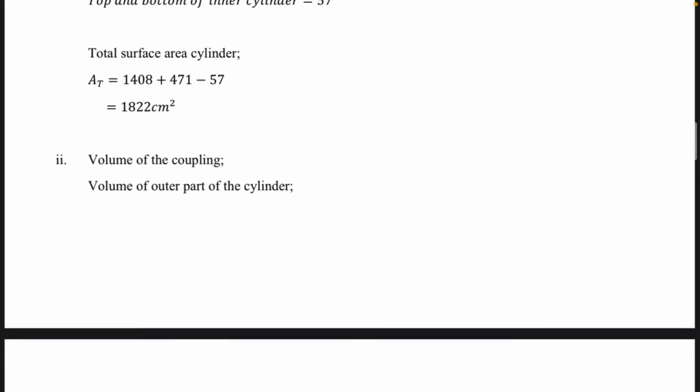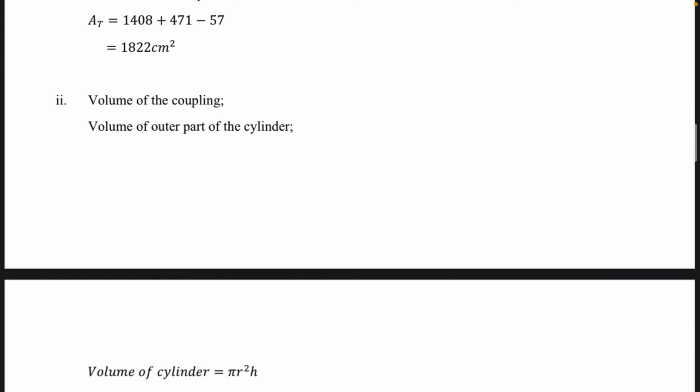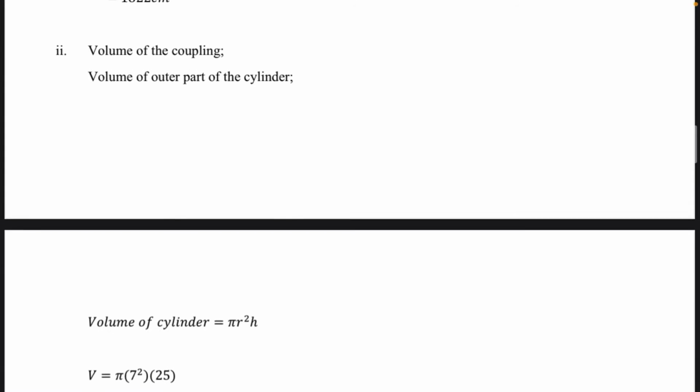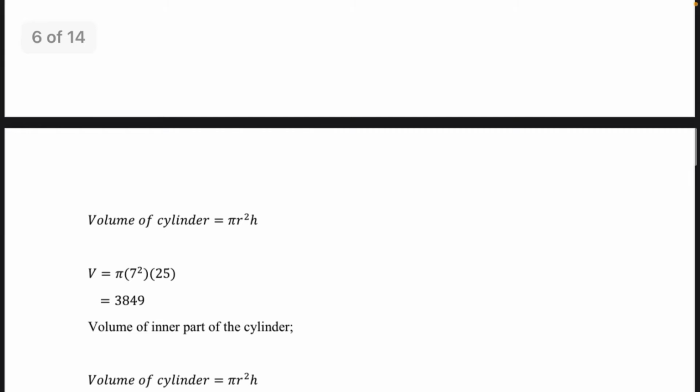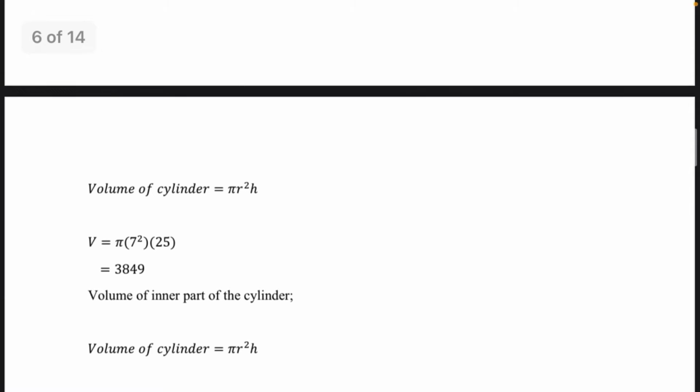Okay, next is the volume of the coupling, the model of the cylinder. We get the volume of the coupling by subtracting the volume of the inner part of the cylinder from the volume of the outer part, using the formula pi r squared h, where r is the radius and h is the height.